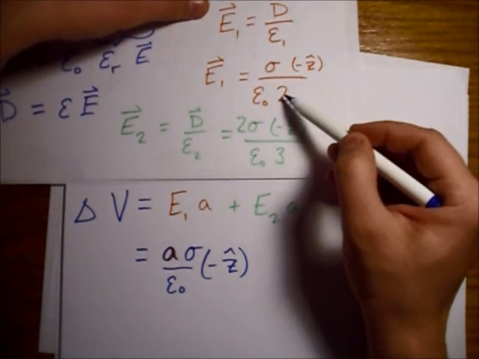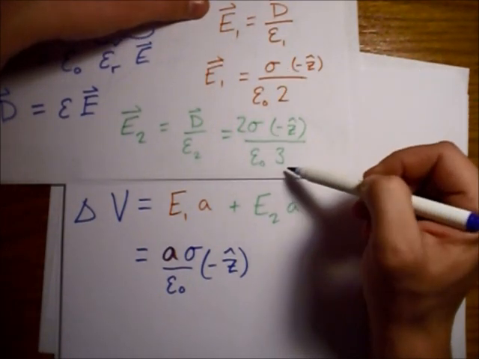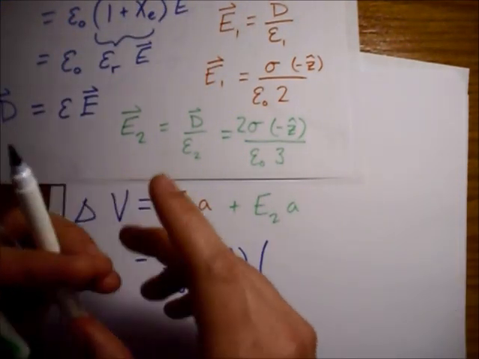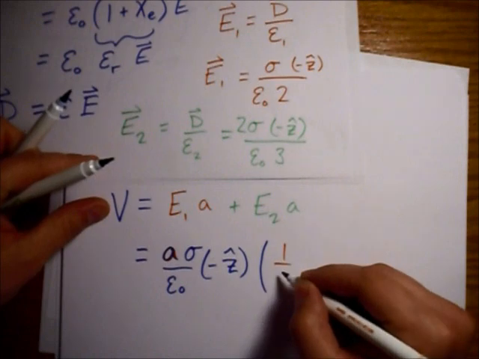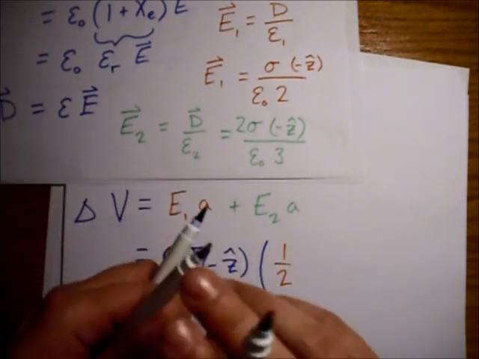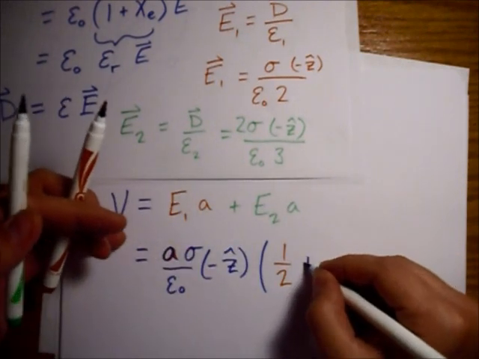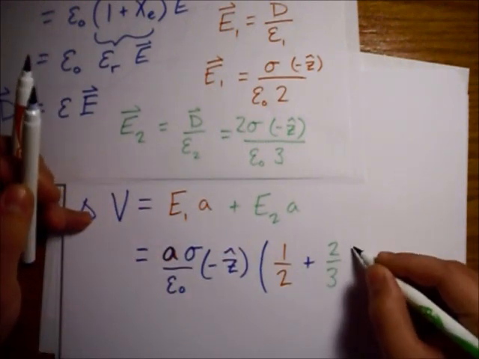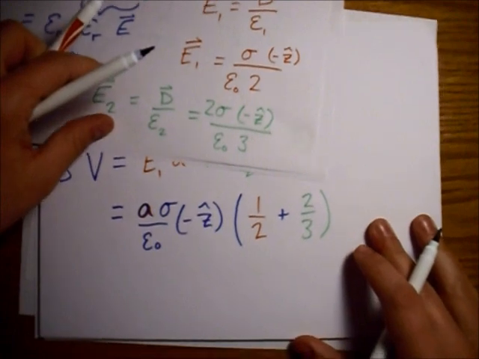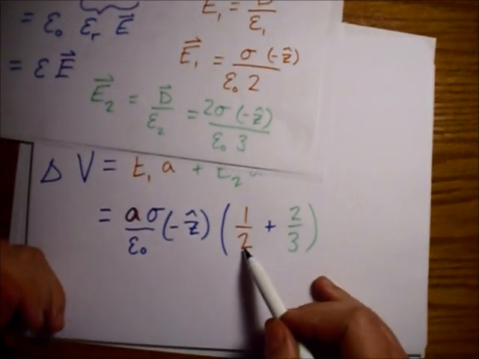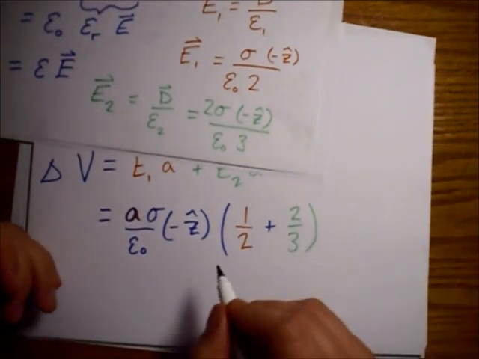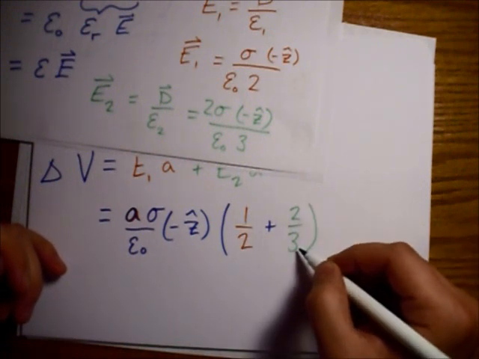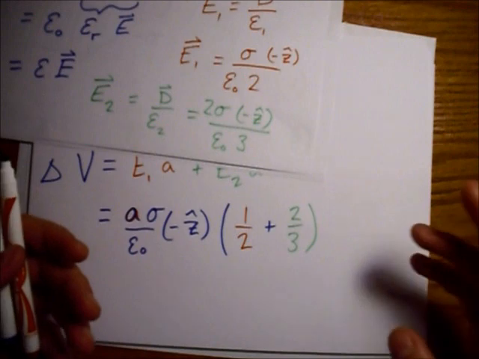What's left over? We have a 1/2 right here, and we have a 2/3 right here. So let's put those in, and this time I will use color. So we have a 1/2 plus 2/3. All right, what do we get now? So finding a common denominator for this, this is a 3/6 plus a 4/6. So 7/6.